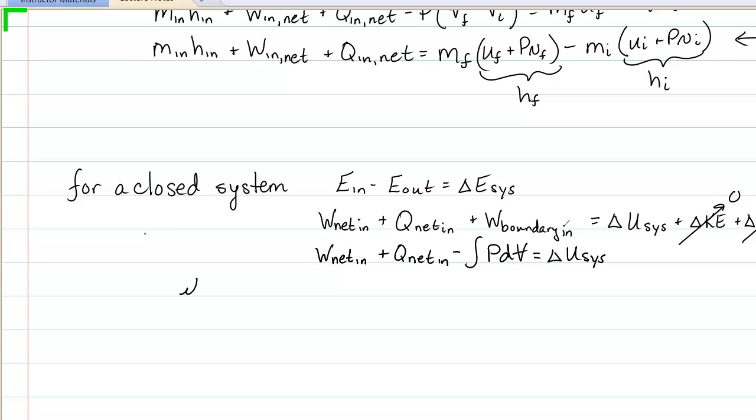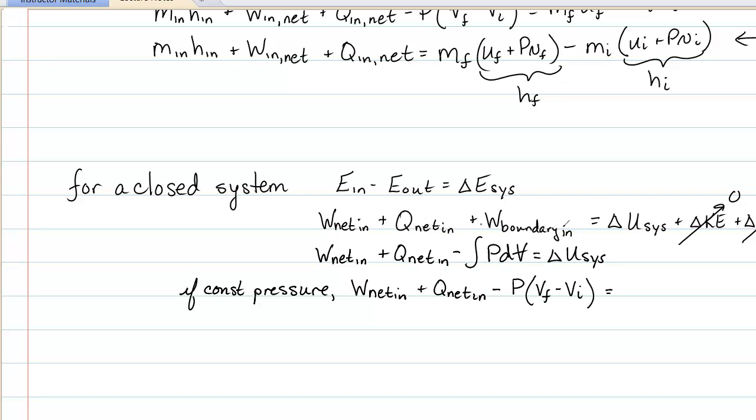Again, if we have a constant pressure system, then the integral PdV becomes just P times the change in V, and this equation then looks like work net in plus Q net in minus P times (V final minus V initial) is the change in internal energy of the system.